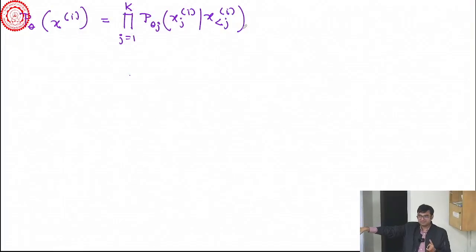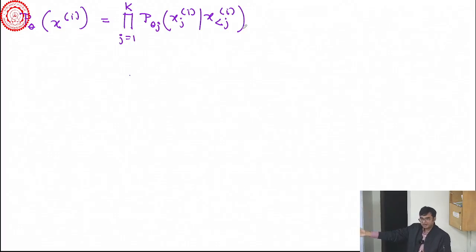I'll repeat. The left hand side, p theta of xi, is the joint distribution evaluated for the ith sample. What is the dimension of that? MNIST: 28 cross 28, 784. Now how can I write it? P of x1 multiplied by P of x2 given x1 multiplied by P of x3 given x1, x2, dot dot dot.